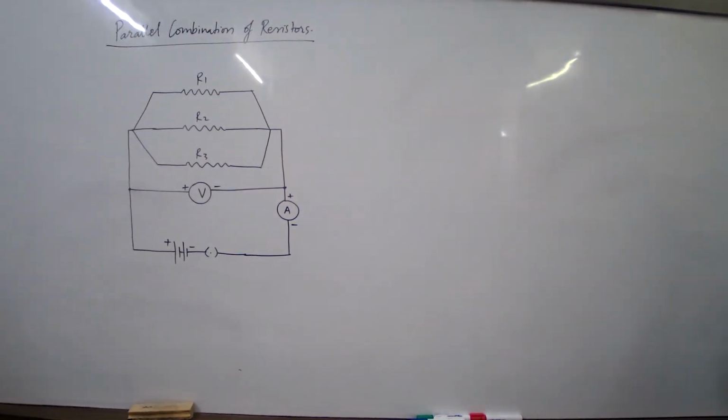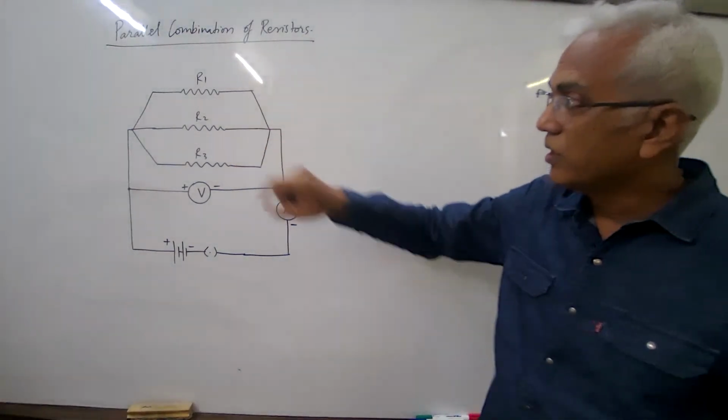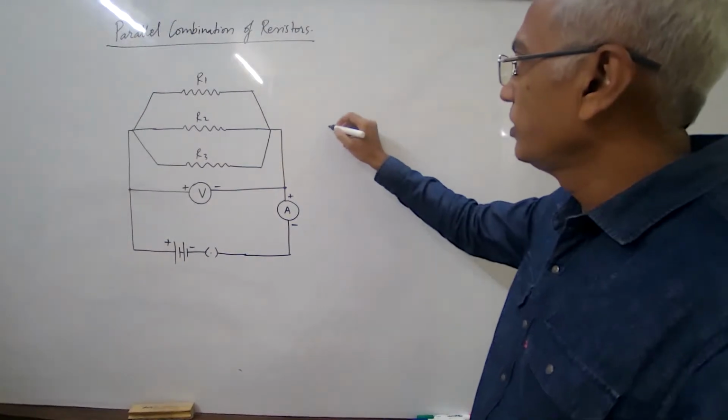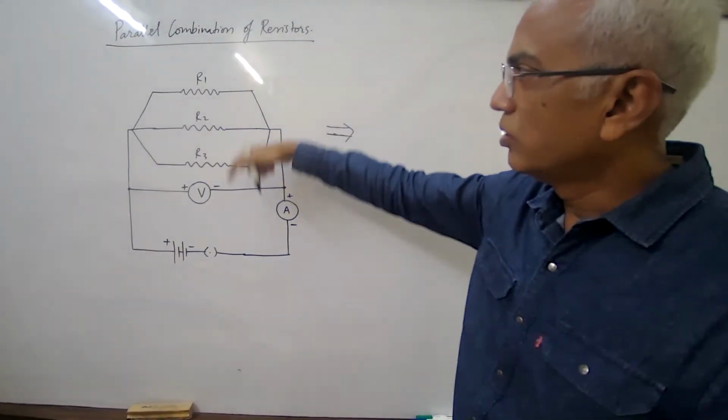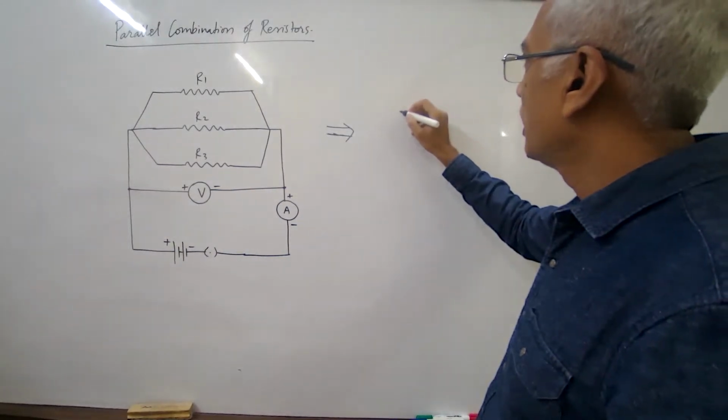We now have to point out the equivalent resistance for the parallel combination of the resistors. So what will be the equivalent circuit? Imagine the combination of this is, let us say, RP.